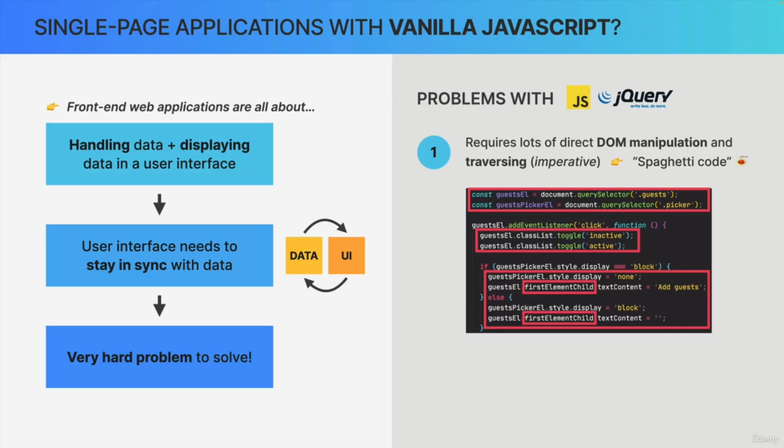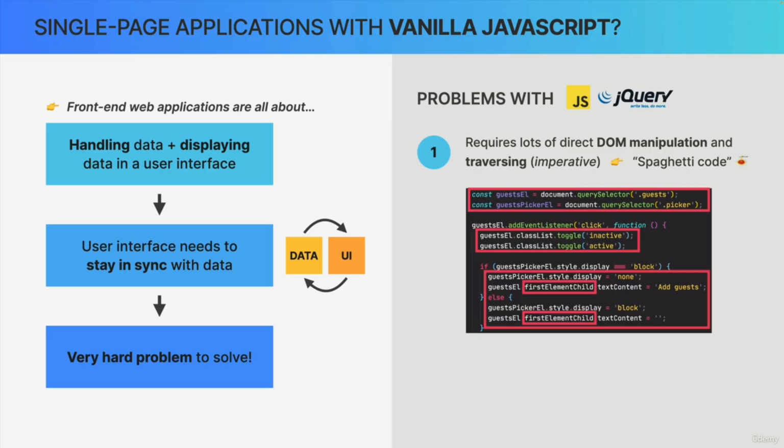And this is guaranteed to become an absolute nightmare in a complex app like Airbnb, because our code would be extremely complex and really hard to understand, and we would probably just end up with a huge mess of entangled spaghetti code. So this is the first problem.